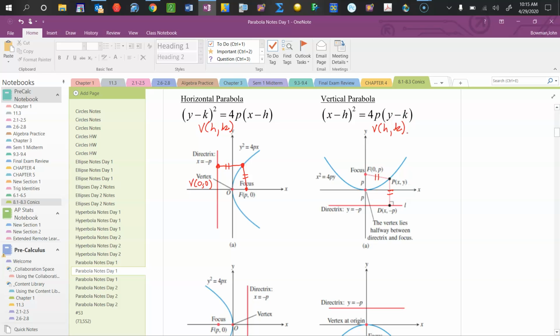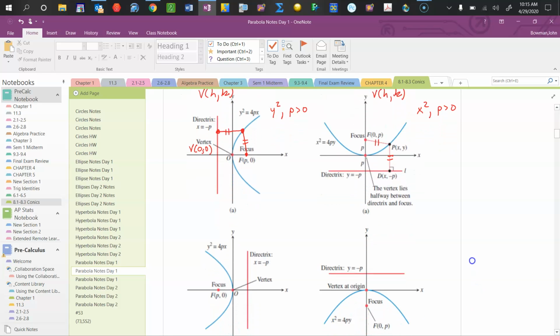What we notice is if the y term is squared and the value of p is greater than 0, it is a horizontal parabola that opens to the right. If the x term is squared and p is greater than 0, then we have a vertical parabola that opens up.